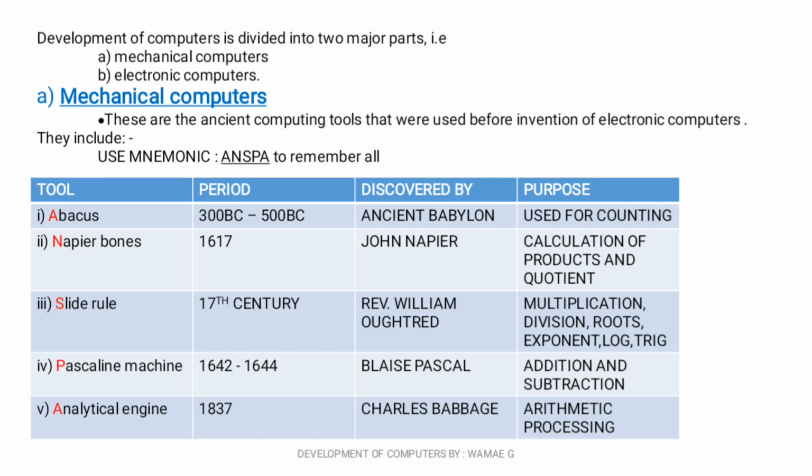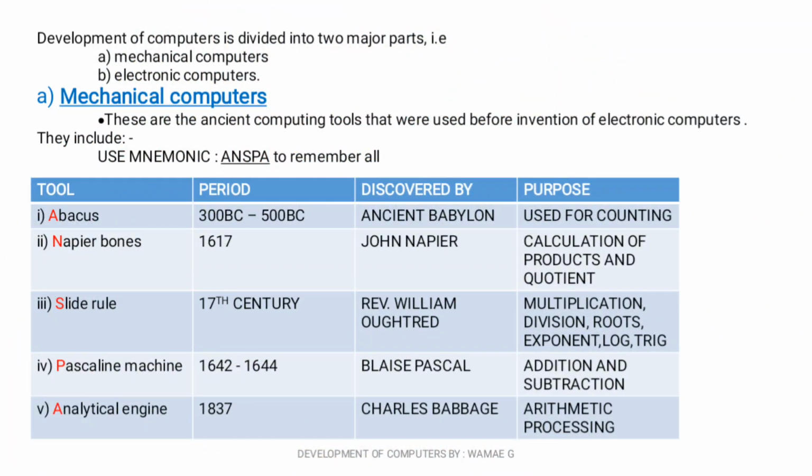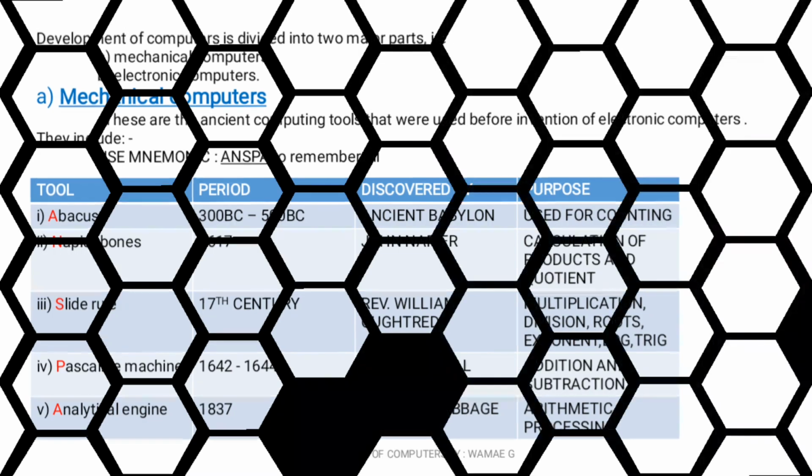Analytical engine was discovered in 1837 by Charles Babbage, and its main purpose was for arithmetic processing. And this is where now we shall see the coming of electronic computers.